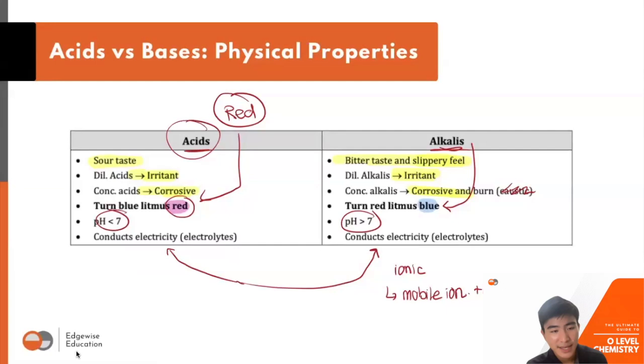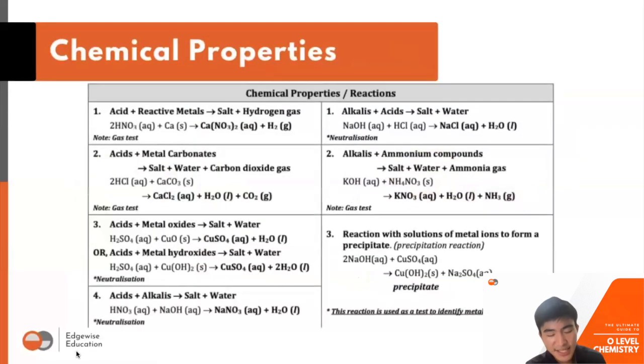Okay, moving on. This is physical property. I think most of you know this already. Now, this next one is the one that most of you are confused with: chemical property and reaction. There are a total of 7 reactions that you need, but not to worry.